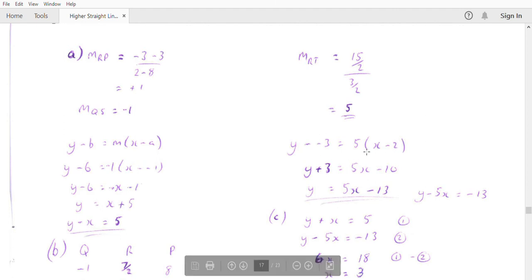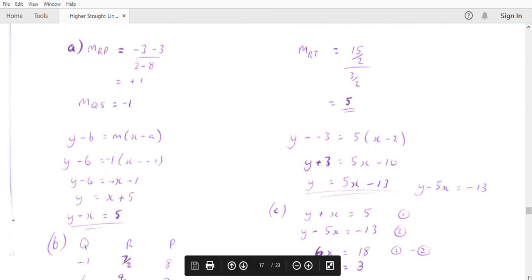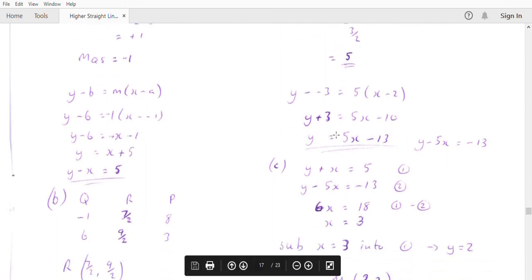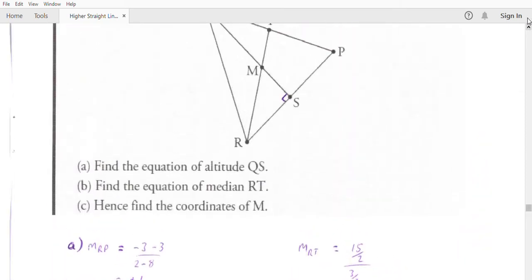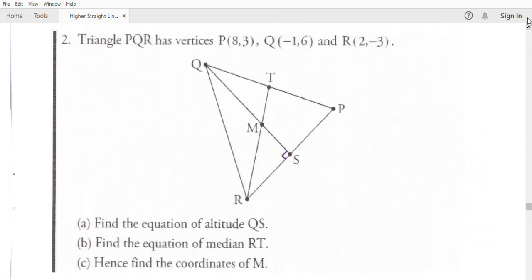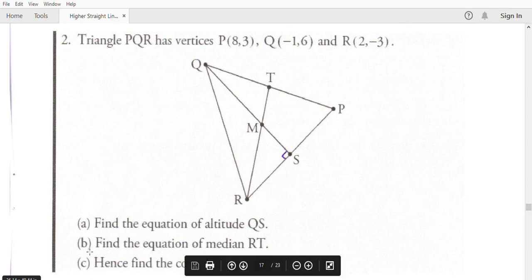So substitute in, expand the bracket, tidy up, and we get y equals 5x minus 13, or we could write that as y minus 5x equals negative 13. Okay, now guys, I'd like you to pause the video again and have a go at part C.